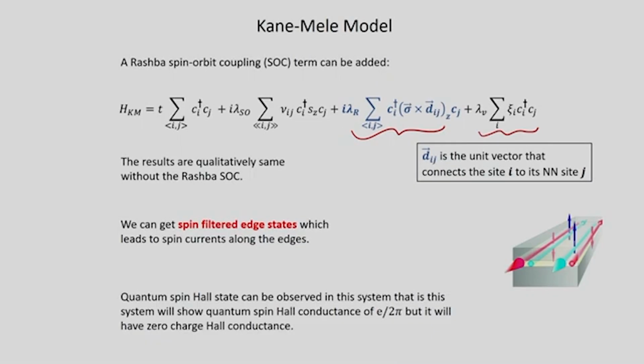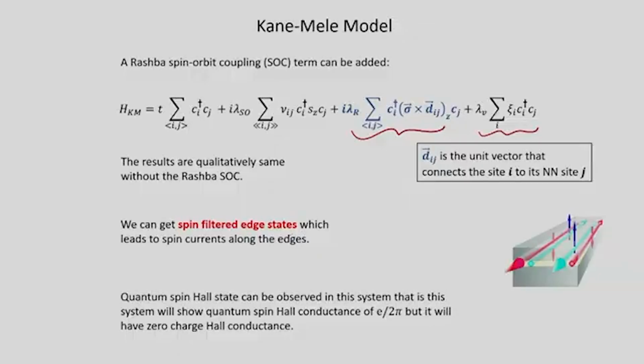And as I said earlier, this term is quite possible in a perfectly two-dimensional system, which our graphene is, because there is an inversion symmetry breaking happening there, which will give rise to an electric field, and the spin will couple to the electric field and so on. Okay, we will come to that in just a while.